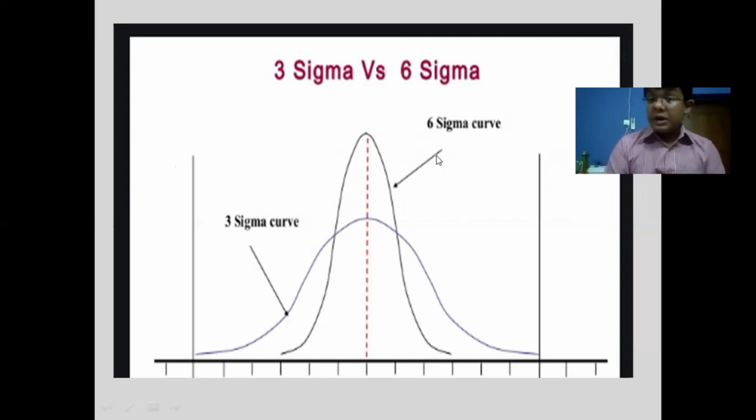But for the 6 sigma curve, the data are nearer to the mean value. So with the 6 sigma curve, we get better data than the 3 sigma curve because they are nearer to the mean. And as 6 is greater than 3, the higher the sigma level, the better the data will be.